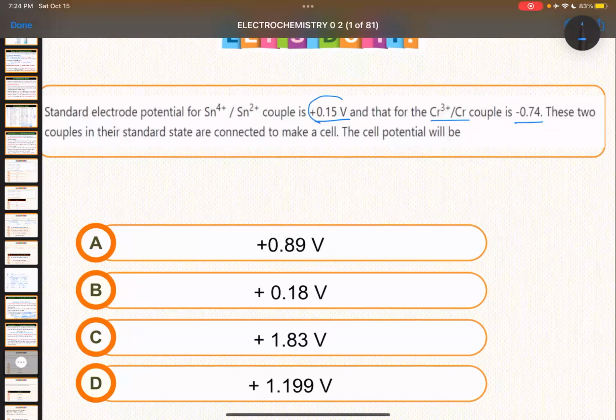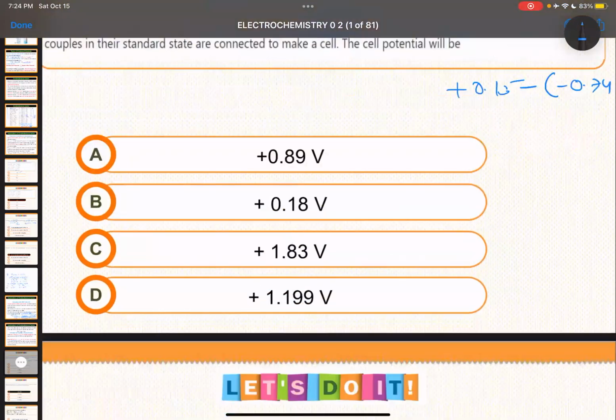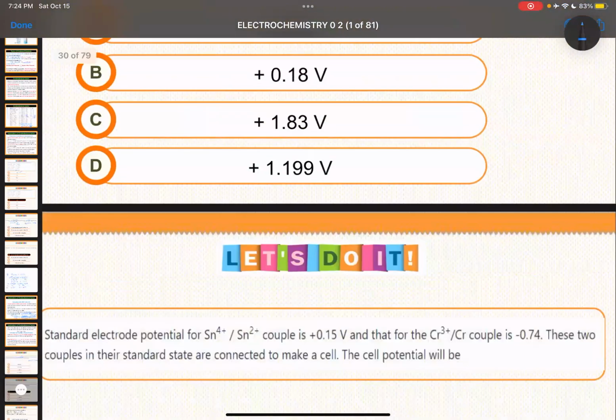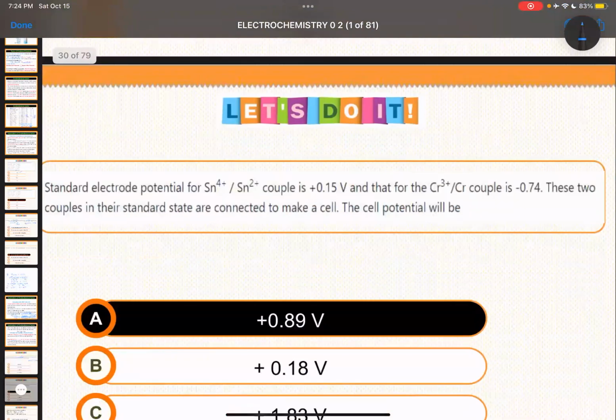This one is going to become the cathode, right? This one is higher value, plus 0.15 minus minus 0.74. Okay, so what are you going to get? It's option A, right?